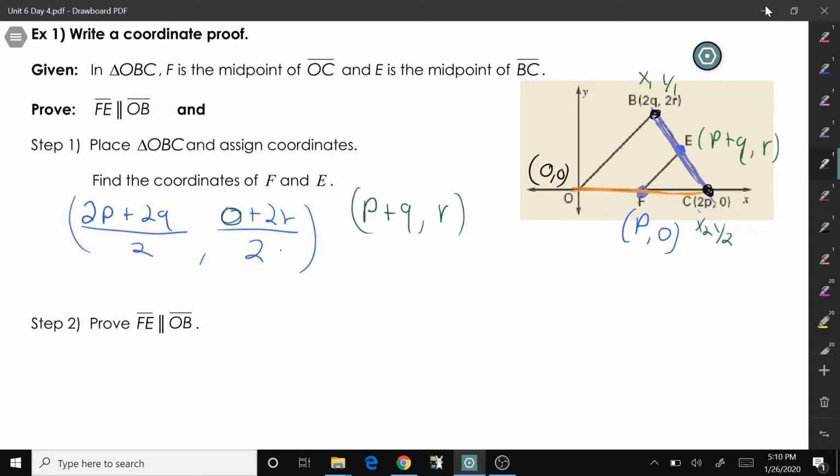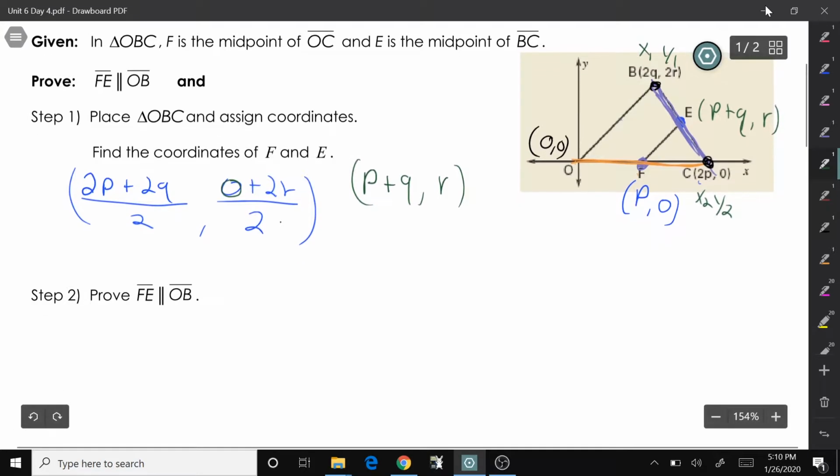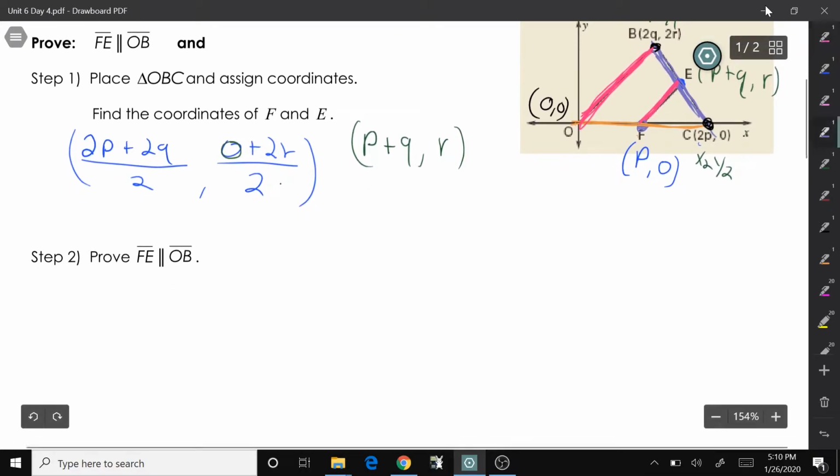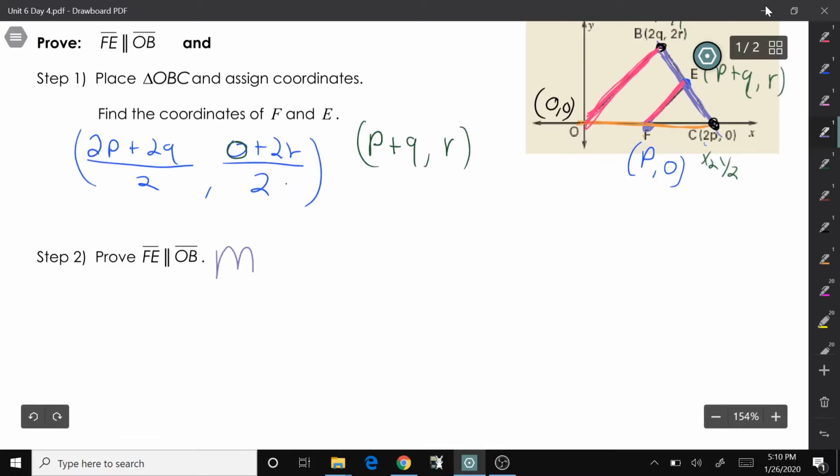So now what we're going to do is calculate the slope of BO right here and EF using the slope formula. So the slope of OB, and I'm going to write this a little bit bigger, just so I know what's going on here.